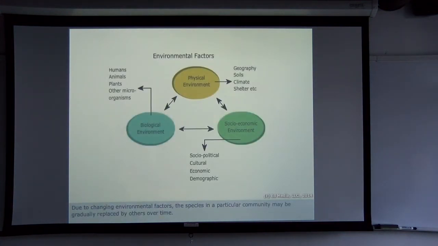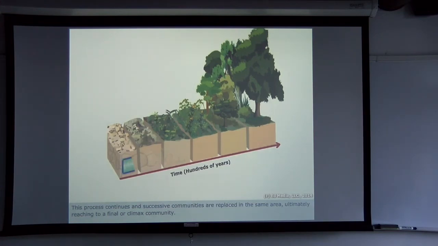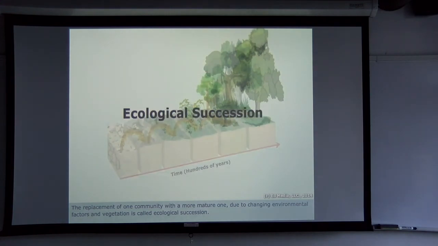Due to changing environmental factors, the species in a particular community may be gradually replaced by others over time. This process continues, and successive communities are replaced in the same area, ultimately reaching a final or climax community. The replacement of one community with a more mature one due to changing environmental factors and vegetation is called ecological succession.